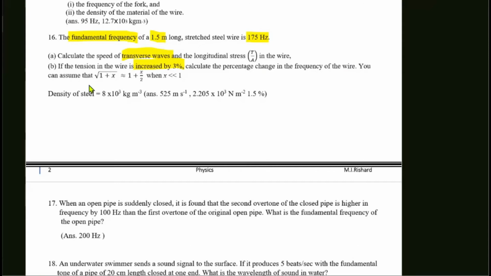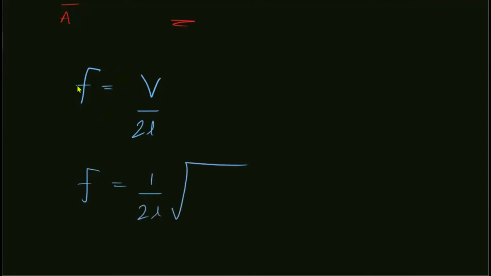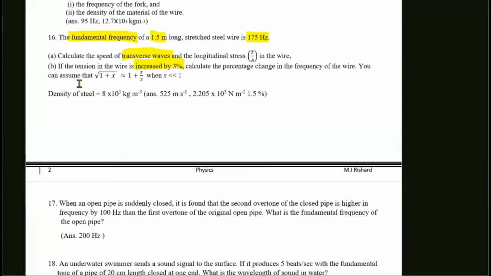If the tension is increased by 3%, frequency we can write as V over 2L, so frequency further can be written as 1 over 2L times root T over M.